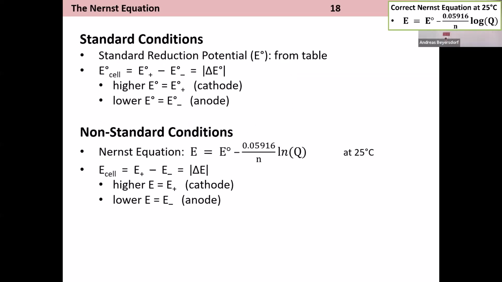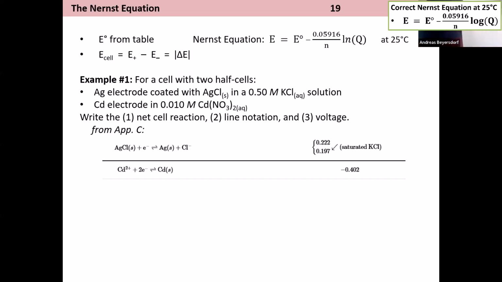Okay, so we have that. Under standard conditions, the E of the cell is the cathode minus the anode. The same holds true for non-standard conditions, except we need to calculate those non-standard conditions. So let's do an example. Let's say we have a cell with two half cells.